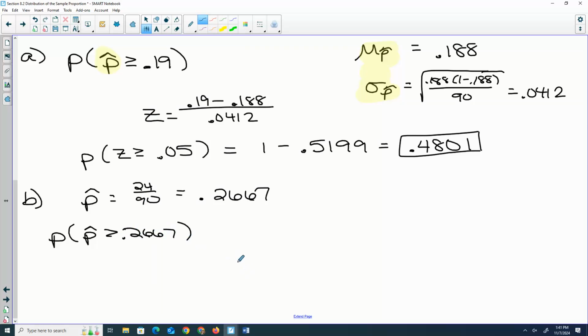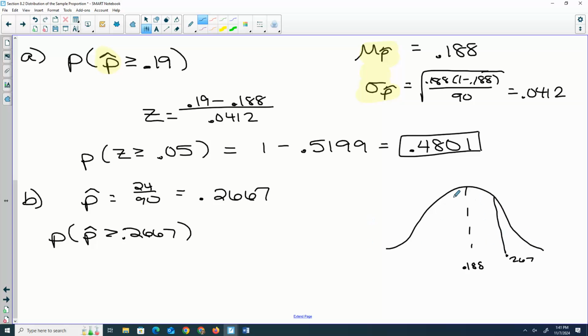Does everyone understand why I picked greater than there? Because my mean is smaller. If you think about your normal distribution, it's centered at 0.188. We're looking at 0.267. So we have to find probability one way or the other.